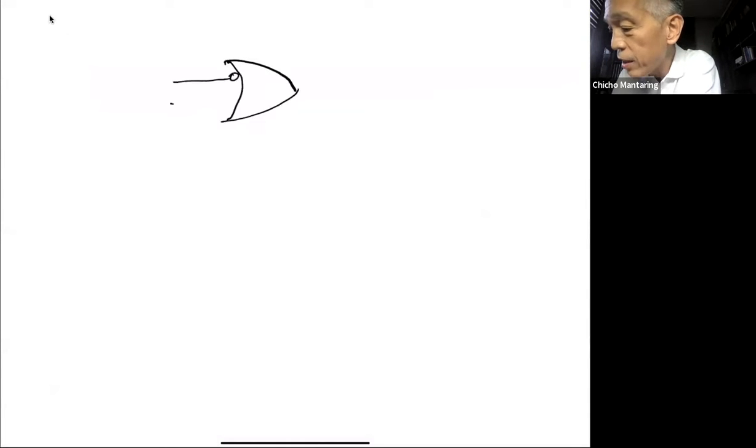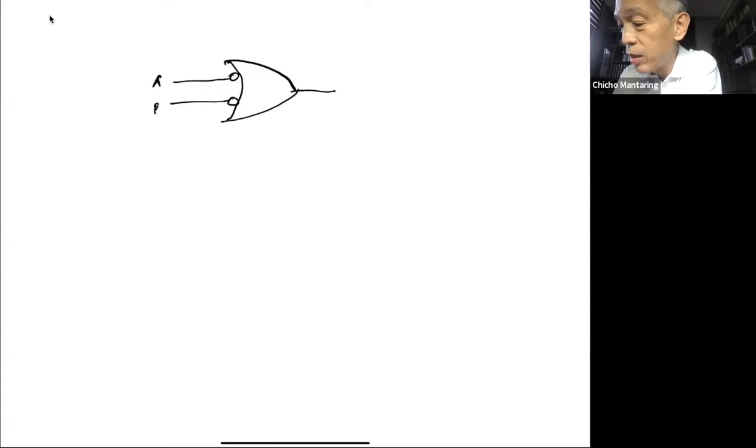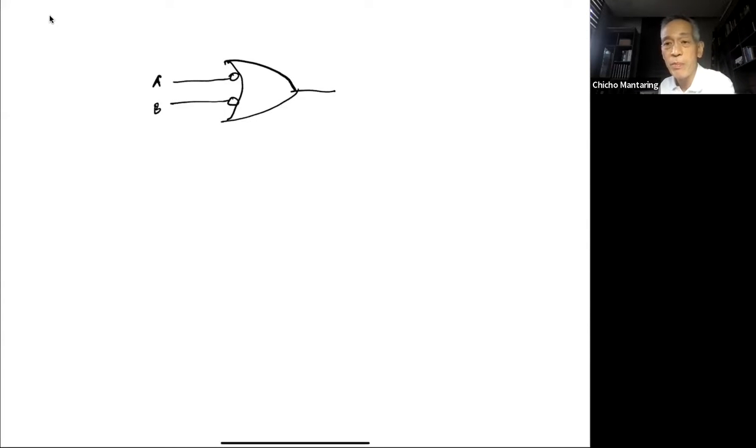What will happen if I have an OR and then I invert the inputs of my OR? What does this implement? Can someone tell me what this implements?